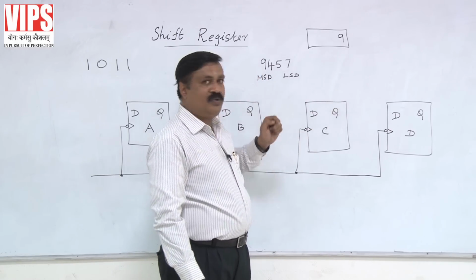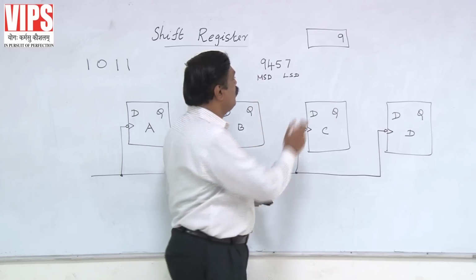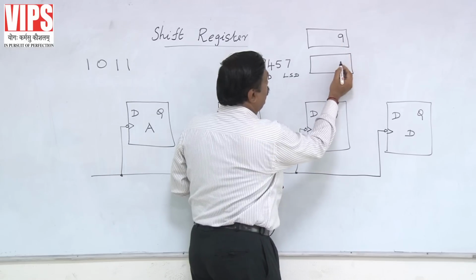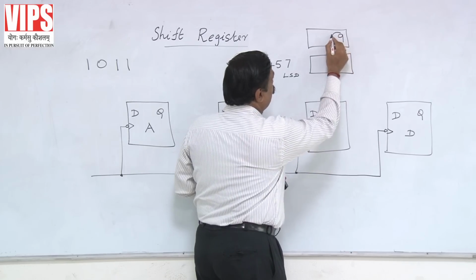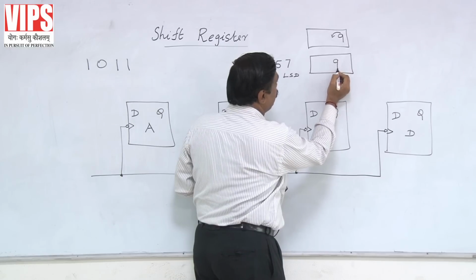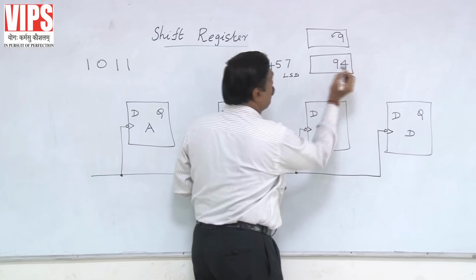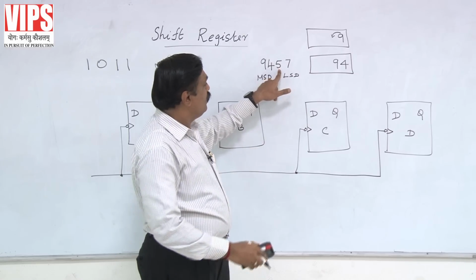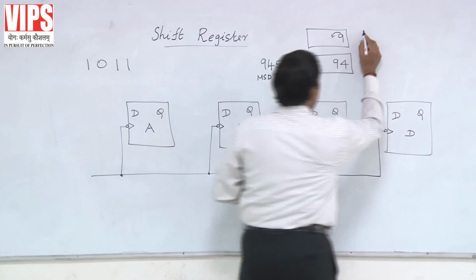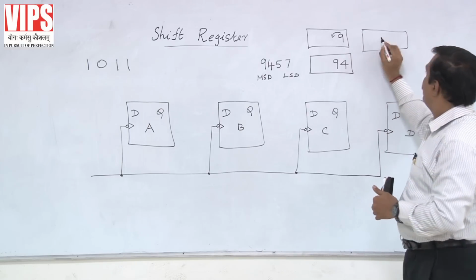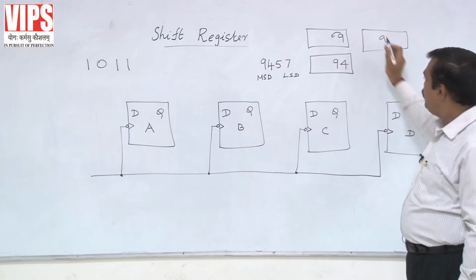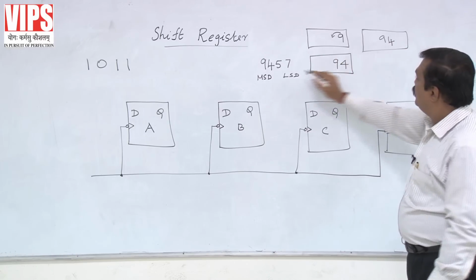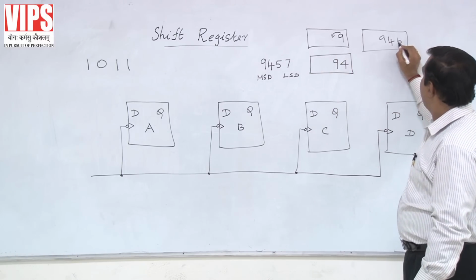Now, when you enter the second number 4, what will happen? This number 9 is shifting to the left. 9 will shift here and 4 will appear here. If you enter the third number, what will happen? 9 will go to the third position and 4 will shift to the second, and this 5 will appear here.